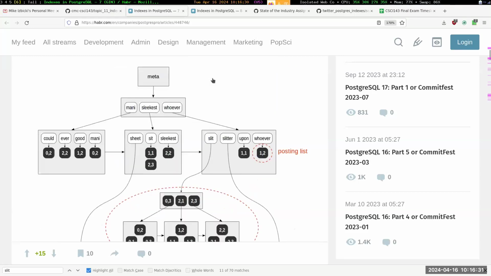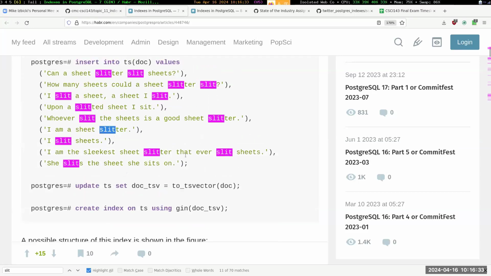All of the tuple IDs are going to have the word slit somehow, without slitter. So here, slits plural, and I think slitted, the past tense, will still get stemmed down to the word slit. But they do not all have the word slitter.